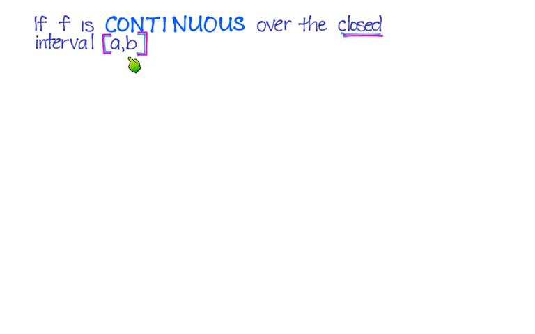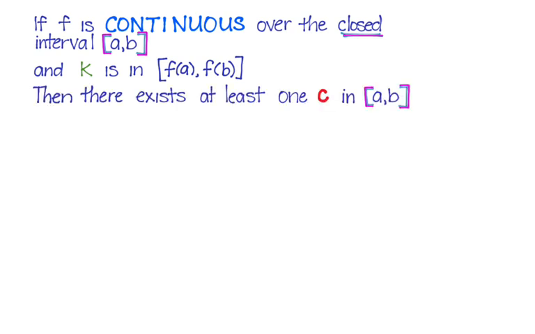That would have been my closed interval, 8 a.m. to 6 p.m. And then the output that I'm asking about has to be between those outputs for A and B. Then if I've got all that going on, then there must exist some other input, some other time within my domain of closed interval A to B, such that there is an output for that input.